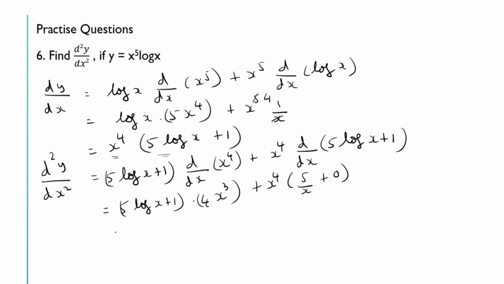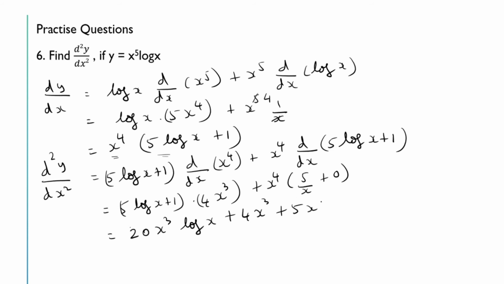Now let us simplify. So this is equal to 5 into 4 is 20. So 20x cube log x plus 4x cube, plus, here it will be x raised to 4 into 5 by x.